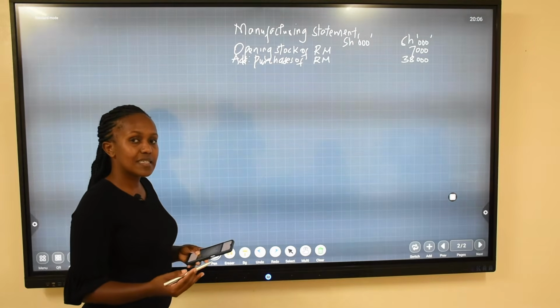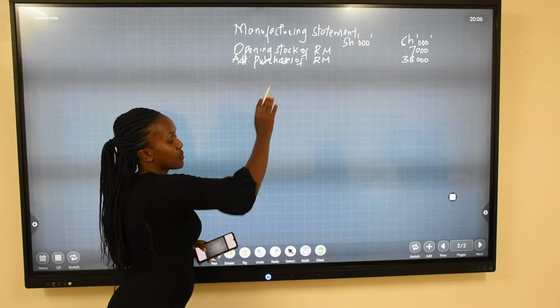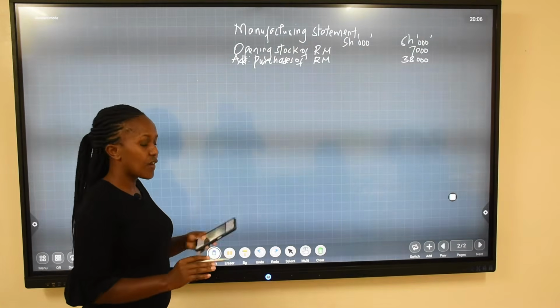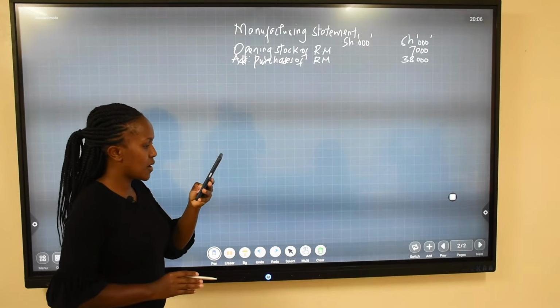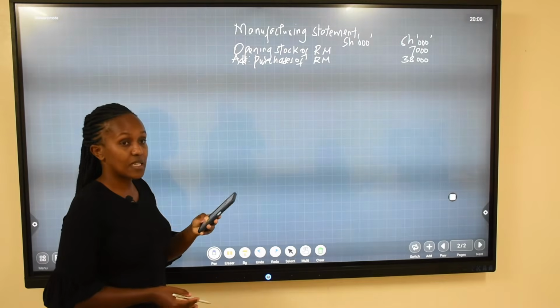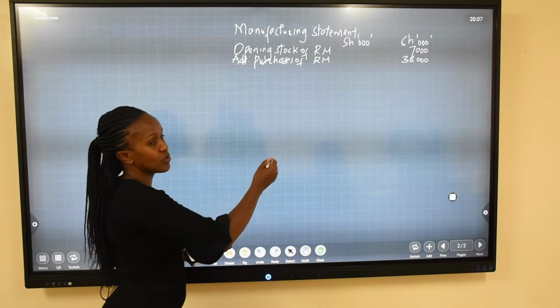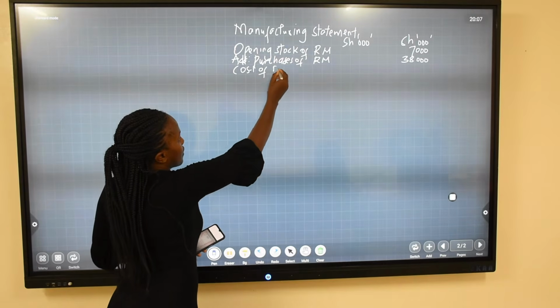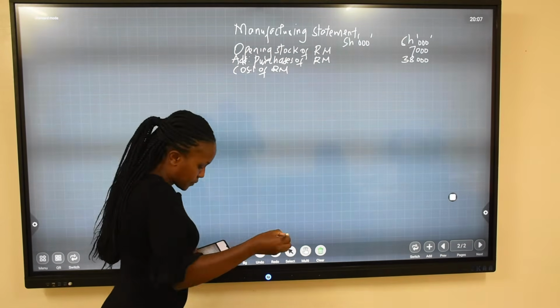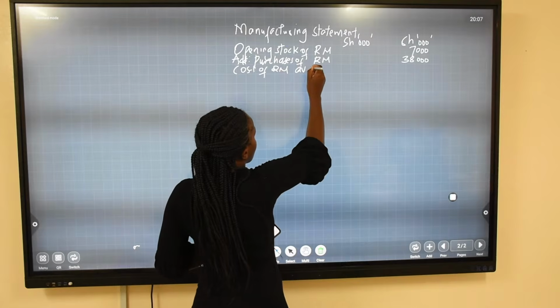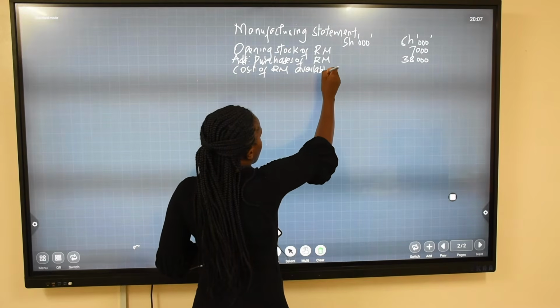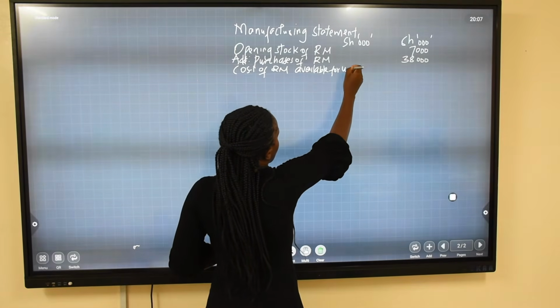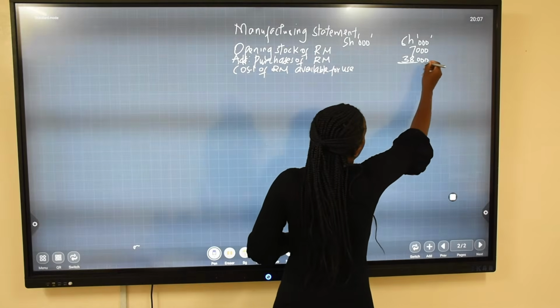If there is a purchases returns, we less from the purchases. So in our case, there is no carriage inward and there is no purchases returns. Therefore, adding the two, you get the cost of raw materials available for use. That gives us 45,000.